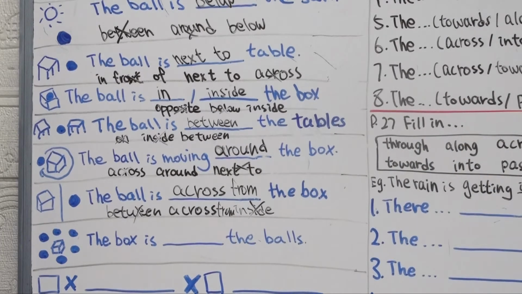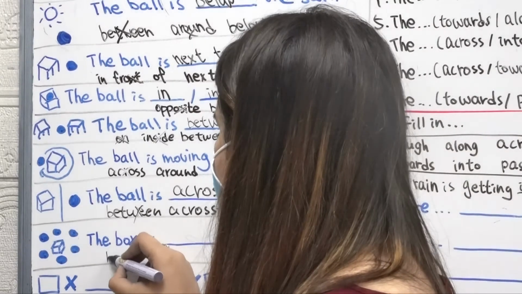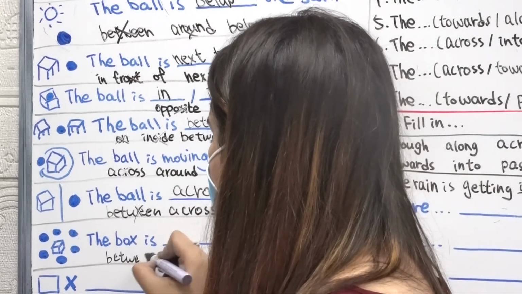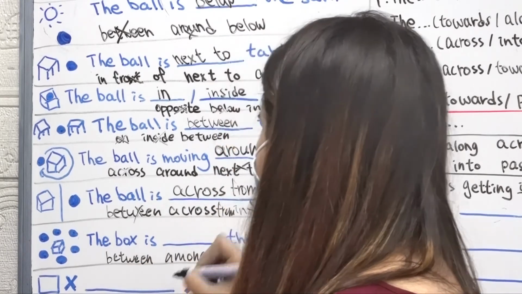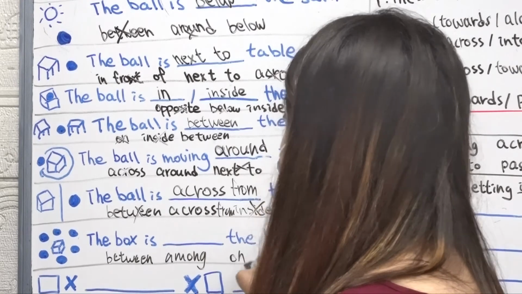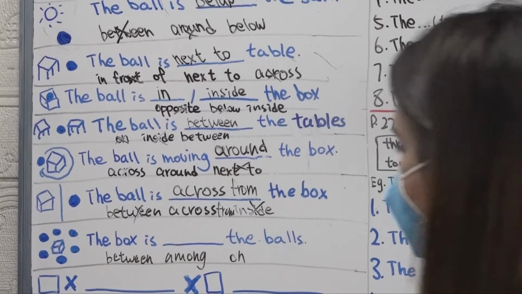Next one. The box is what? The balls. Is it between or among or on? The box is basically, that is among, right?